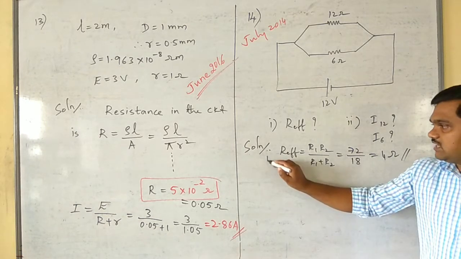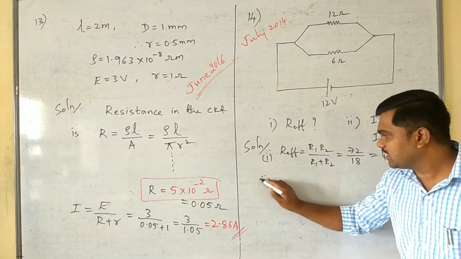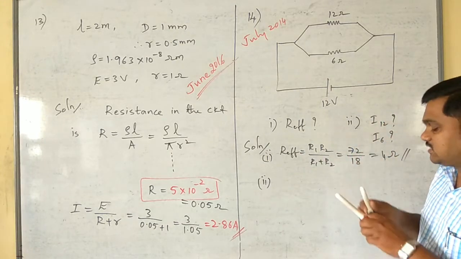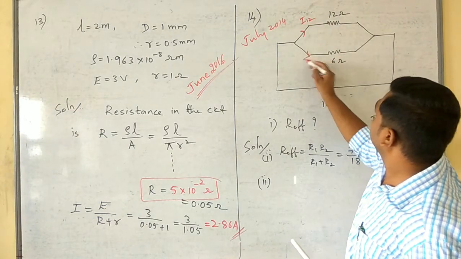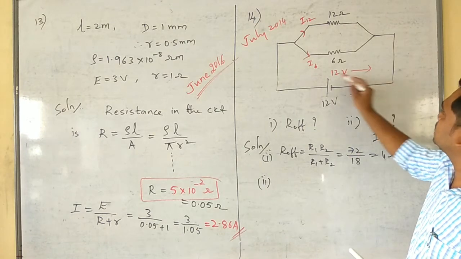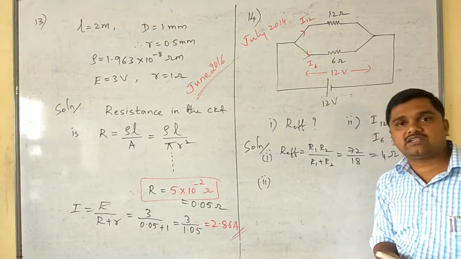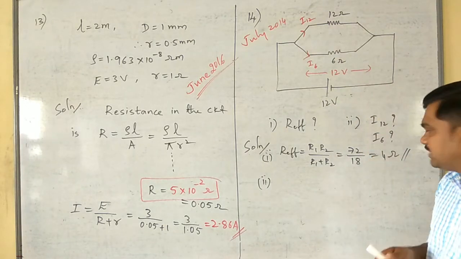Okay, so this is the answer for the first one. Next, second one they are asking us to find the current. Say for example, this is I12, this is I6. Here V is 12 volt. And we know that in a parallel combination the voltage remains constant and the current will split.